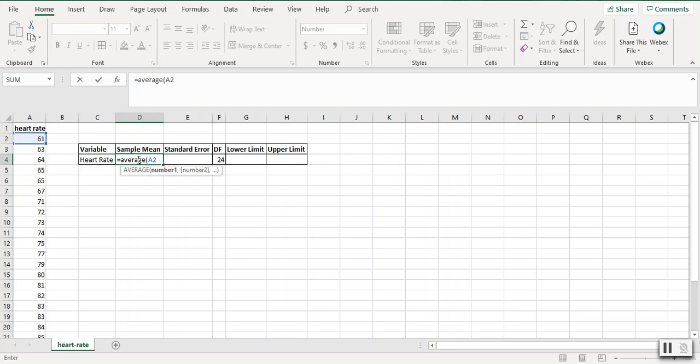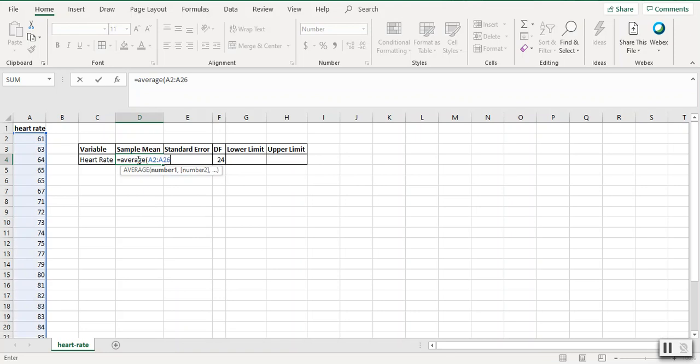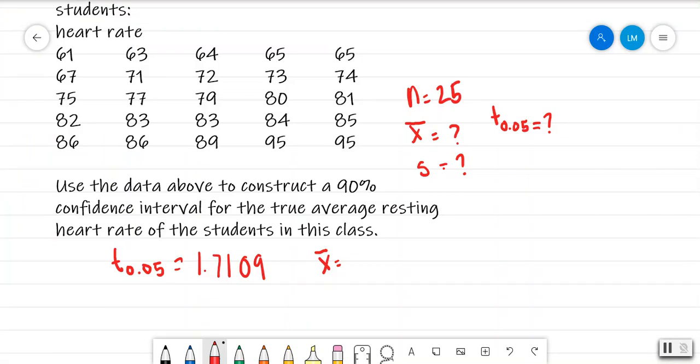I already pre-entered this information into Excel. So it appears that the mean is 77.4. So that takes care of this mean.